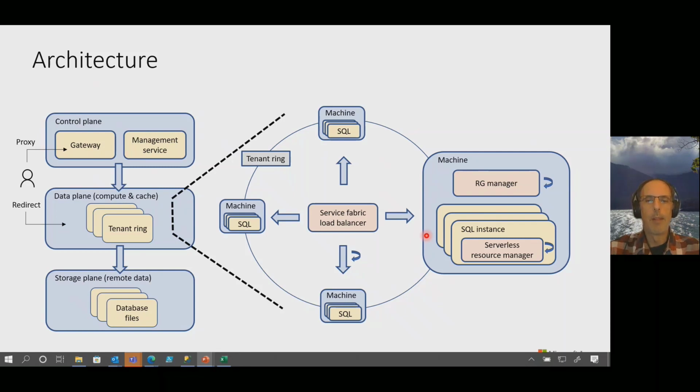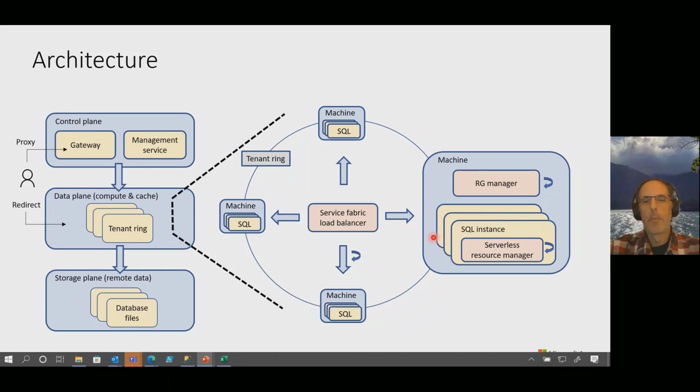And that load balancing motion can take up to a few minutes to complete. So that's what I referred to earlier. That can occur in serverless, but as I mentioned, it's a much more rare occurrence.